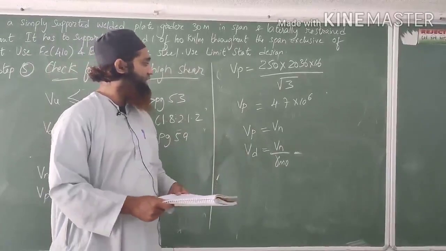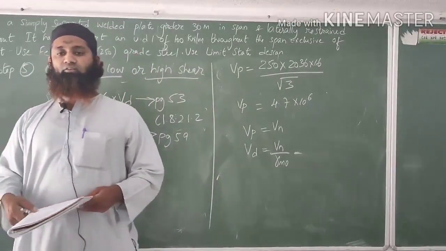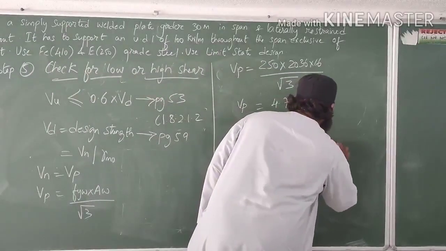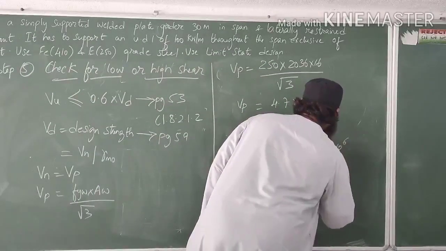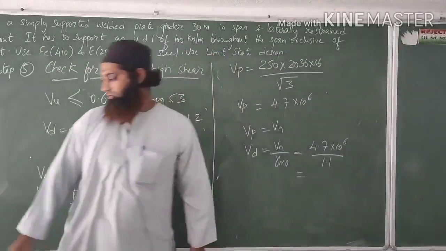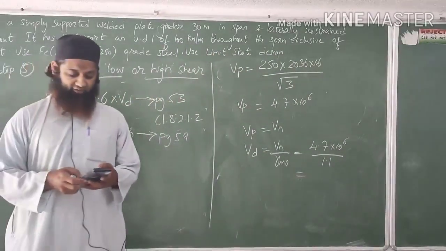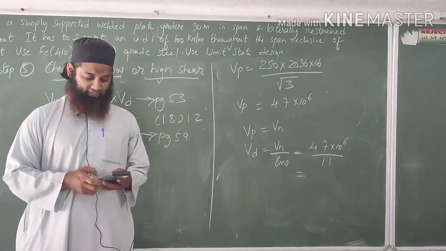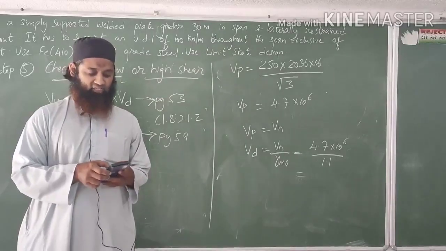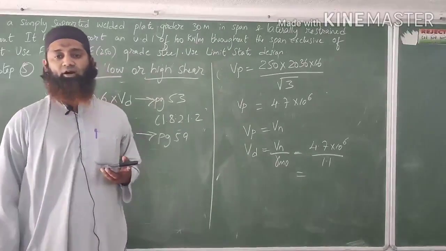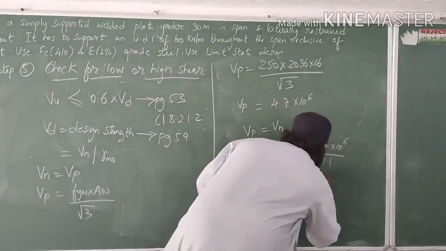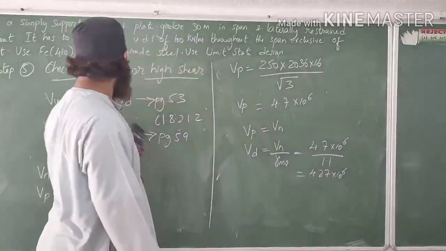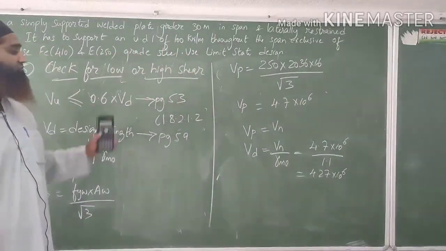We'll substitute that value here, 4.7 into 10 to the power of 6 divided by 1.1. I am getting the value as 4.27 into 10 to the power of 6. But this value is only Vd. What we want is 0.6 times of Vd.